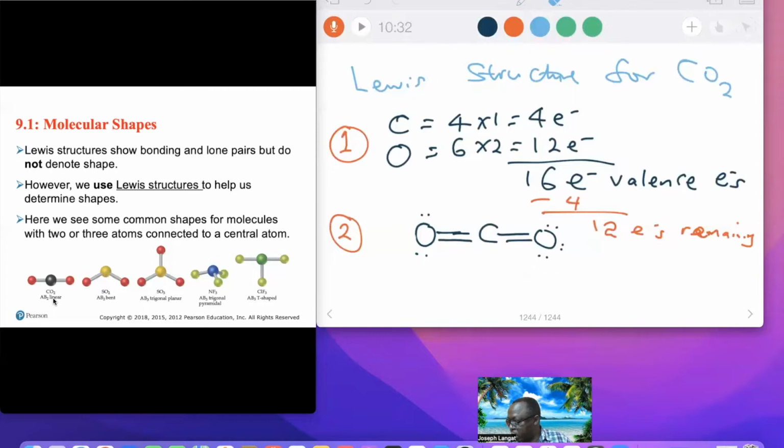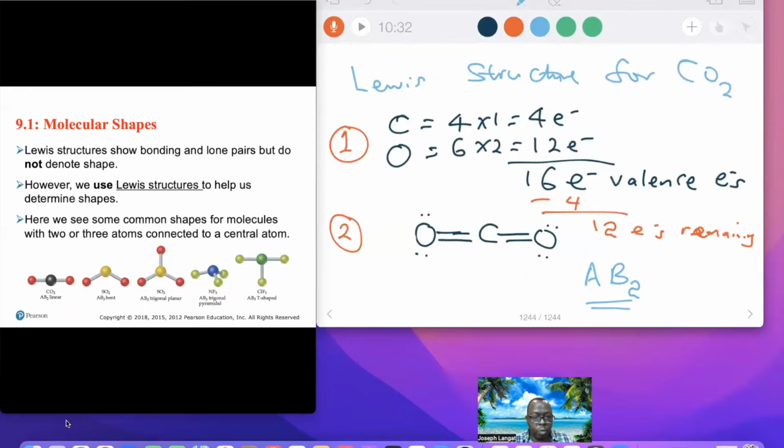I'm just fast forwarding the Lewis structure concept, which you should know. So at this point, we have the Lewis structure for CO2. It is of this type, AB2. So if we use this, AP2, when there are no lone pairs on the central atom, we just leave it as AP2.